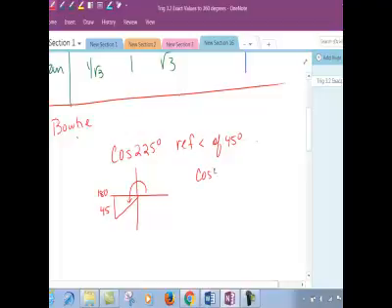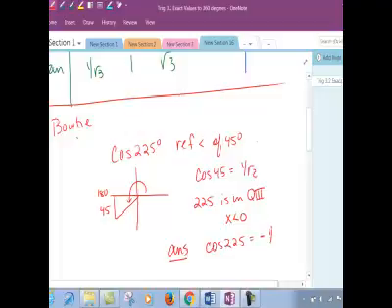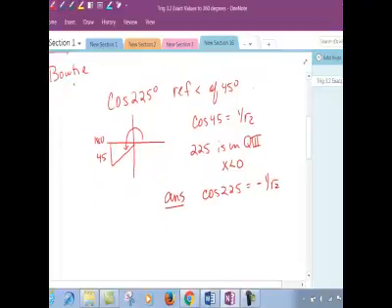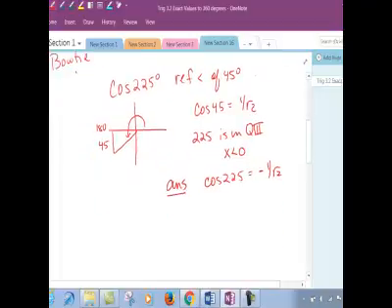At 45, the cosine is equal to 1 over root 2, but 225 is in quadrant 3, where x is less than 0. So the final answer: cosine 225 is equal to negative 1 over root 2. That's a lot to do for one problem, but I guarantee as you do these, your thinking process will get quicker. Let's do a couple more.